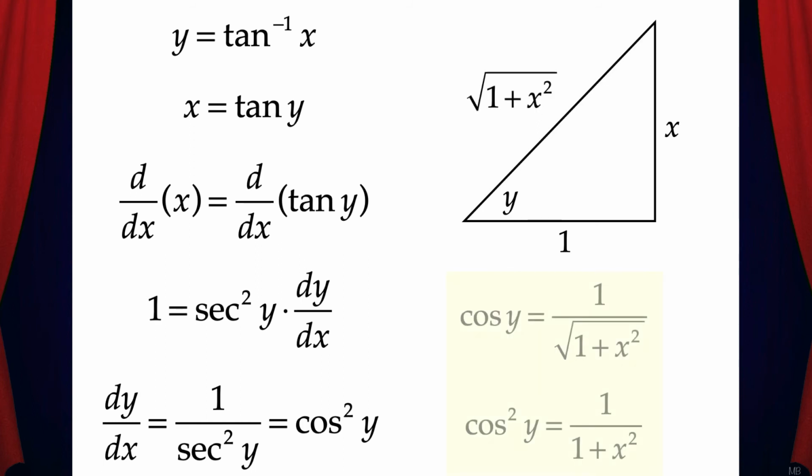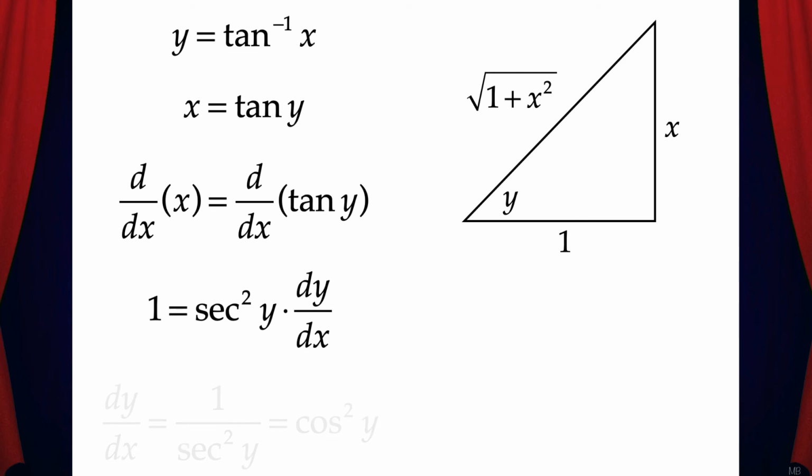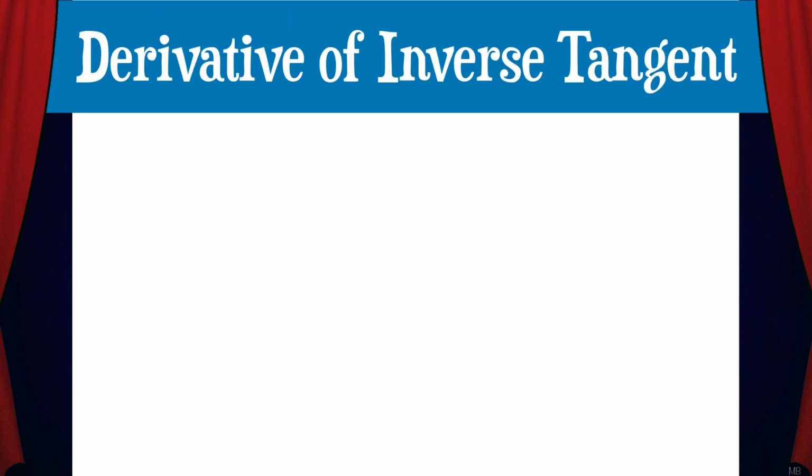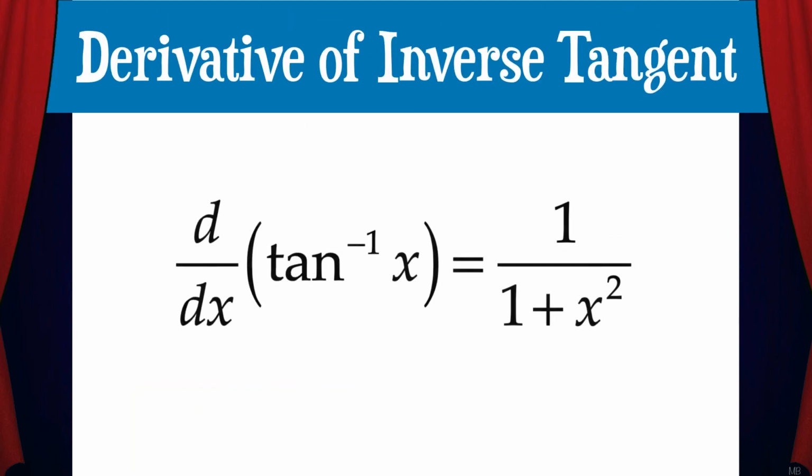And that means cosine y equals 1 over the square root of 1 plus x squared. And that means cosine squared y equals 1 over 1 plus x squared. And that means dy dx equals 1 over 1 plus x squared. So we can summarize. The derivative of tan inverse x equals 1 over 1 plus x squared.